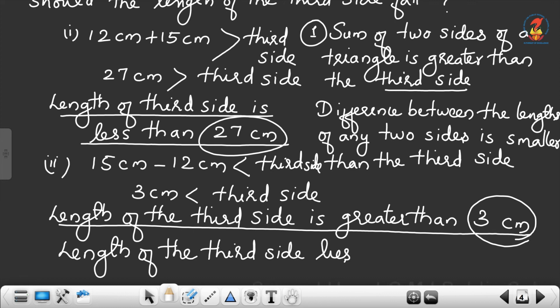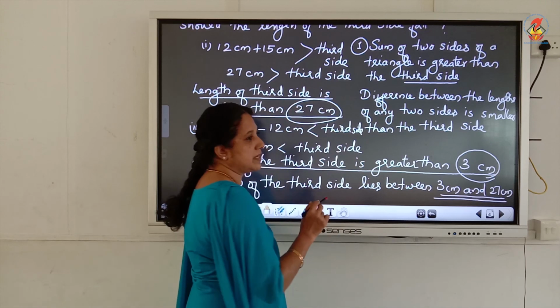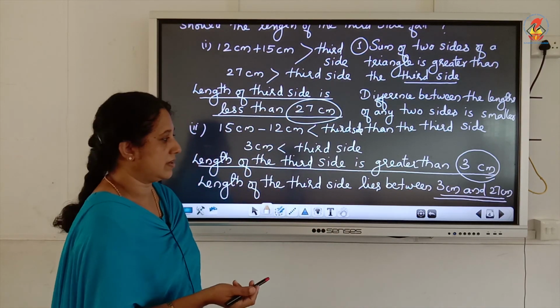Between what two measures does the length of the third side fall? Between 3 cm and 27 cm.